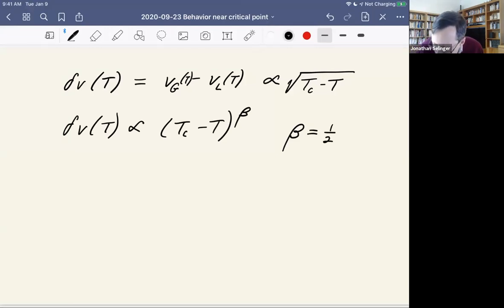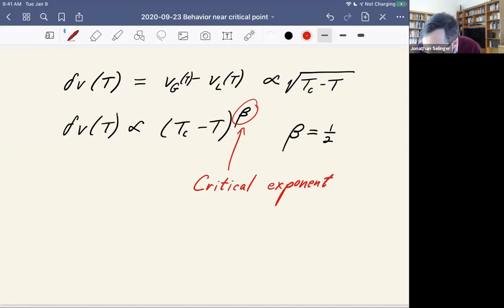So beta is another example of a critical exponent that says what happens near the critical point.